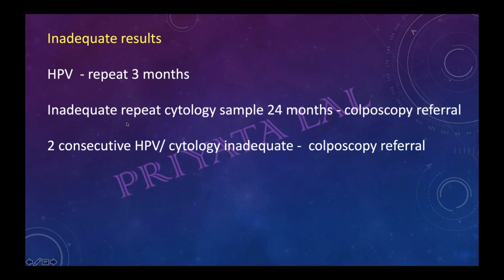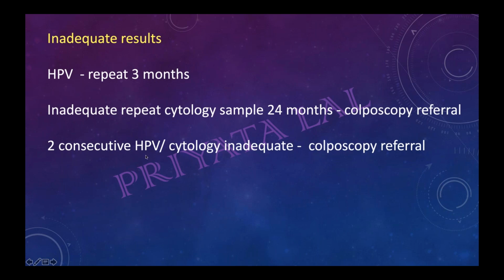Anytime you get an inadequate sample at 12 months, so we have just seen a CIN1 pathway where we were doing cytology at 12 months, and we were doing cytology at 24 months also, or when we called them the second time. So if both times we found that their cytology is inadequate, in that particular situation this patient will require a referral to colposcopy.